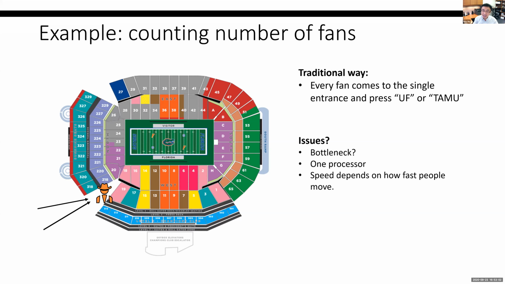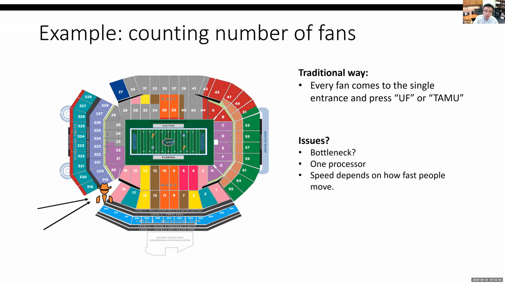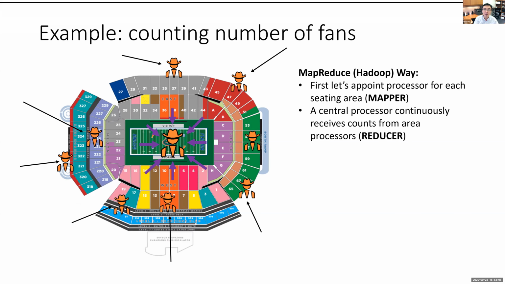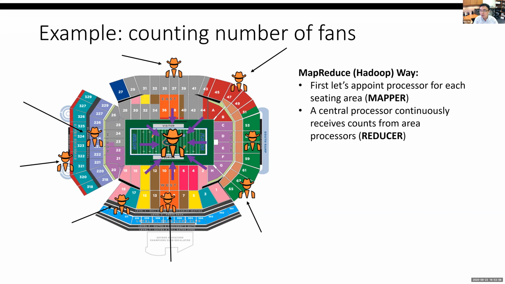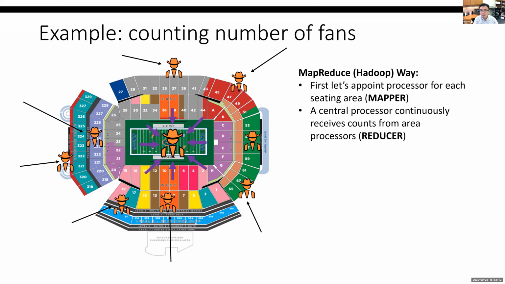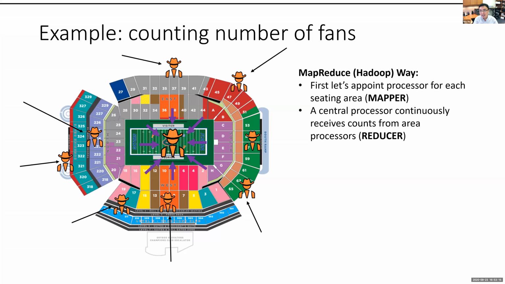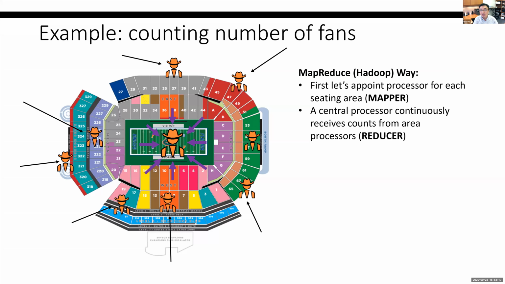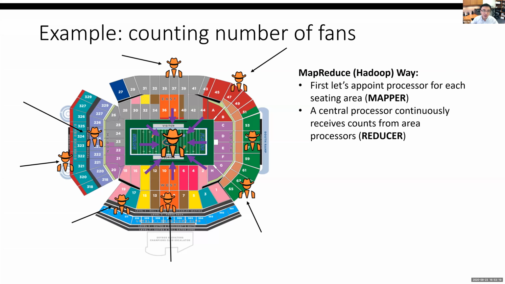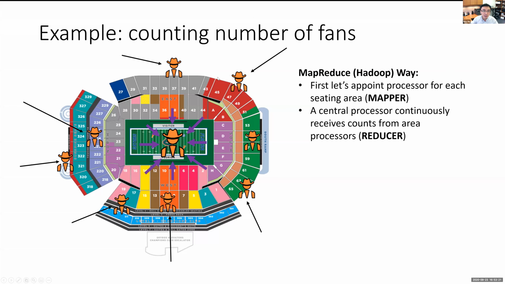That's great. That's actually the spirit of a lot of big data processing, parallel computing, and that's what we call MapReduce. First, let's appoint a processor for each seating area. We call each seating area processor a mapper.